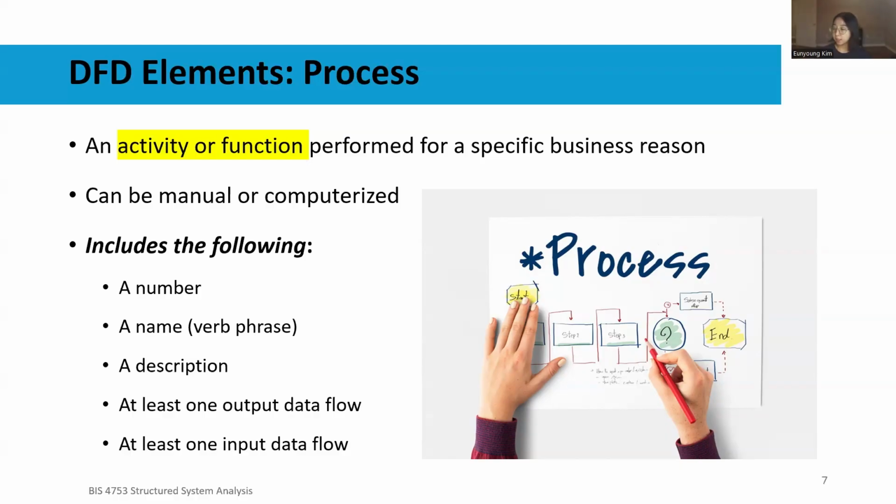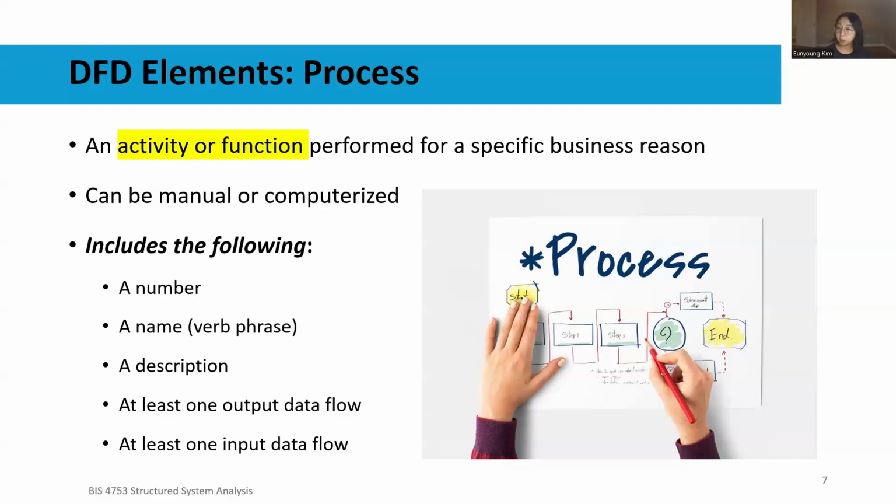And this process symbol will include a number to identify the order between the processes and a name, what this process is about. And it is usually described as a verb phrase because it is an activity.